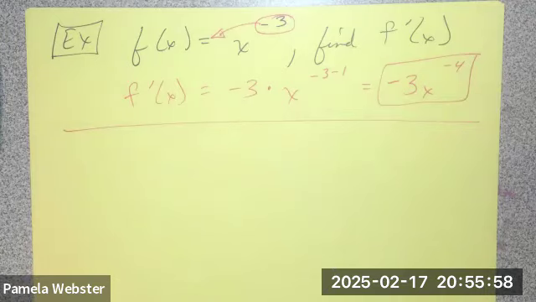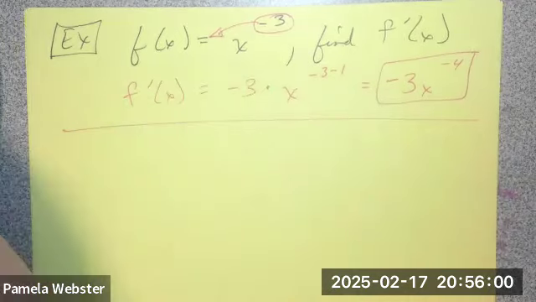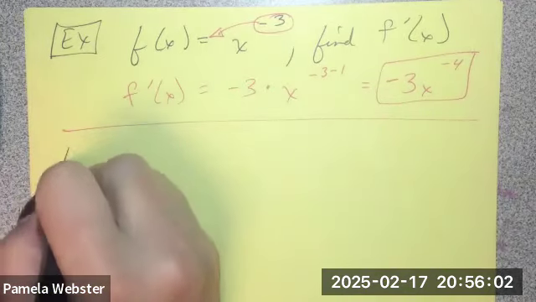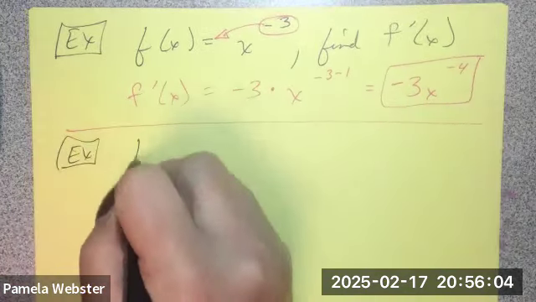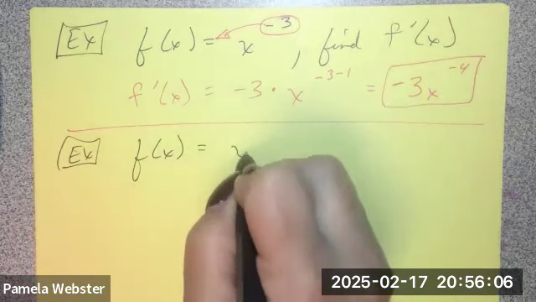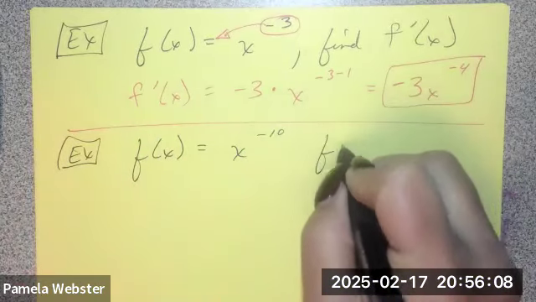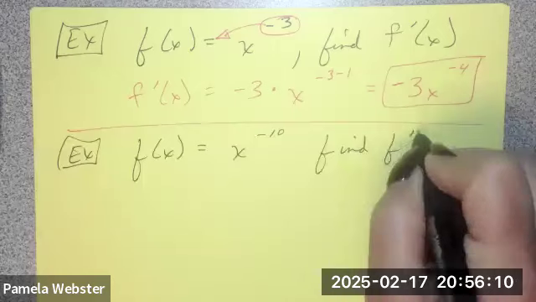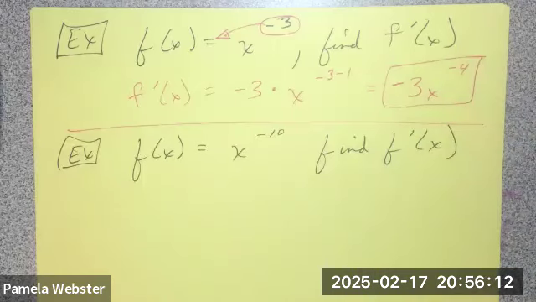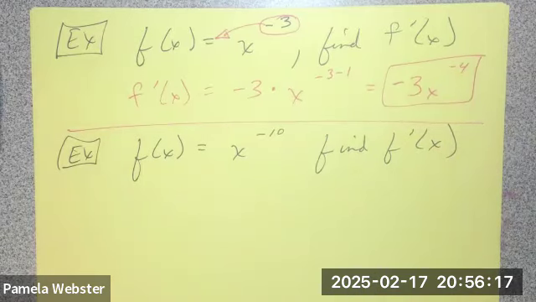It's okay. These are the types of things you're working on here. Okay. Here's you another one of those. Example. After I write it, push pause and work it for yourself. What if f of x is x to the negative 10? Find f prime of x.